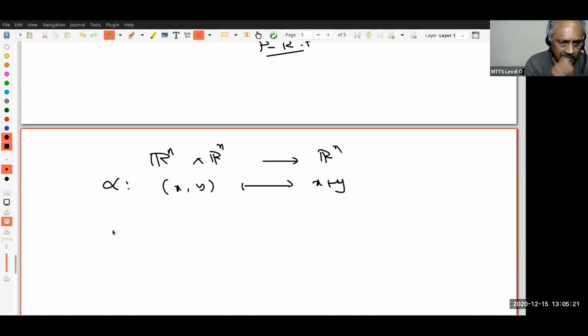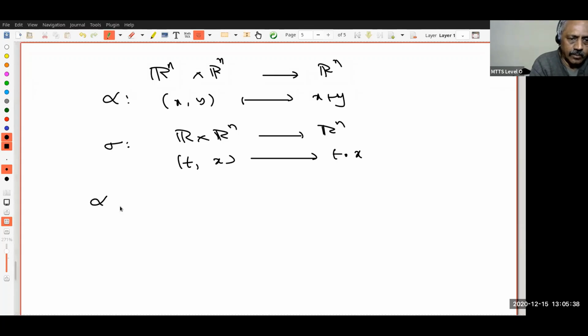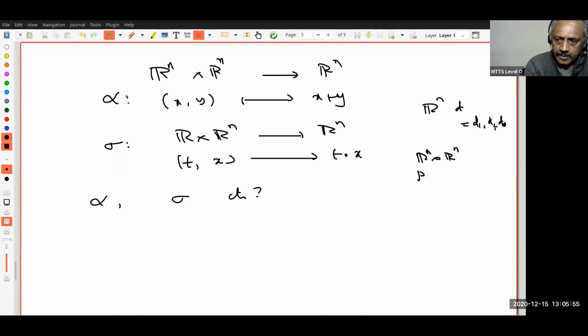Then I also have a scalar multiplication sigma, which is R cross Rn to Rn, where the scalar t and a vector x goes to the scalar multiple tx. I want to know whether alpha and sigma are continuous. But then I should mention what is the topology, right? On Rn, I could start with any metric d, where d is d1, d2, d infinity. And on Rn cross Rn, I will use the product metric.